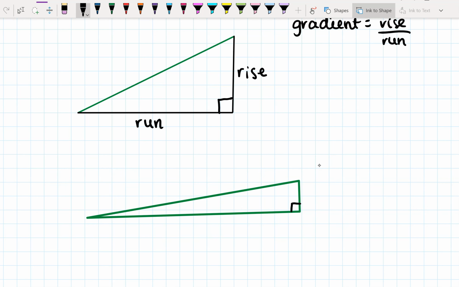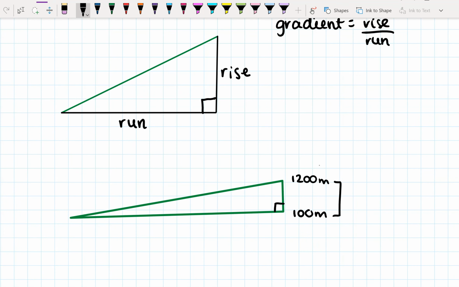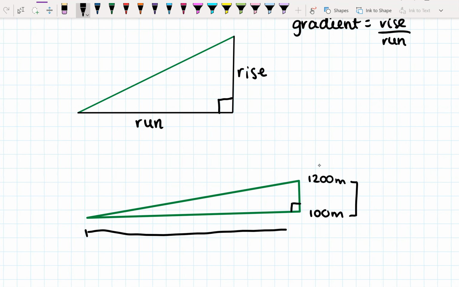Let's say that we've got a road, and the road increases in altitude from 100 meters up to an altitude of 1200 meters. So that's the altitude change from the bottom to the top of this road. Let's say that horizontally the distance from the start to the end is 2 kilometers. So in a horizontal distance of 2 kilometers, the road climbs from an altitude of 100 to 1200 meters, and we would like to know the gradient of this road.